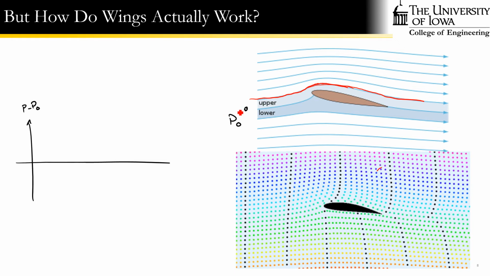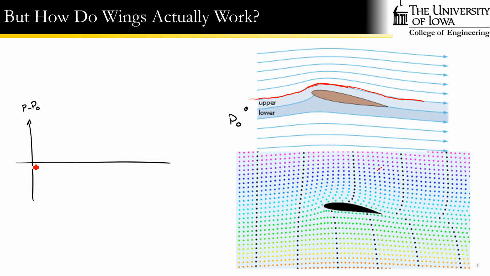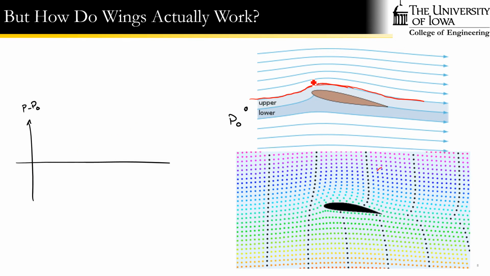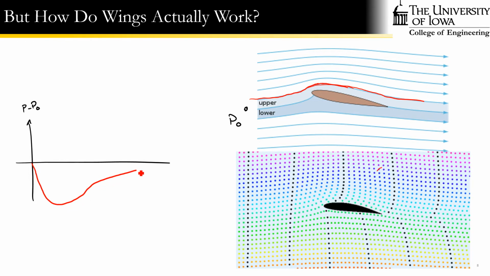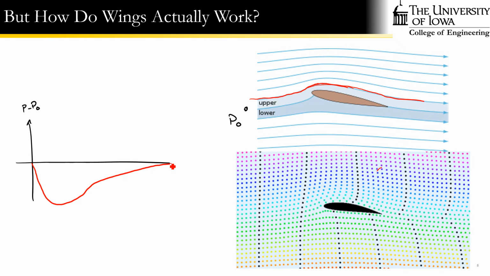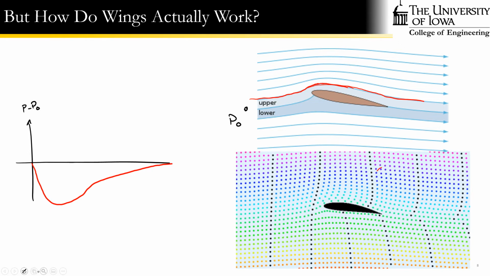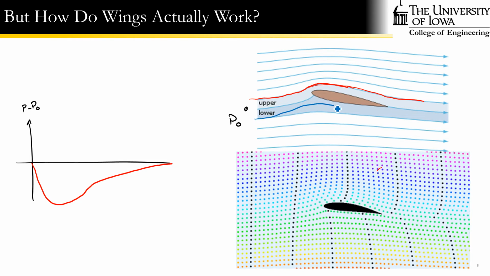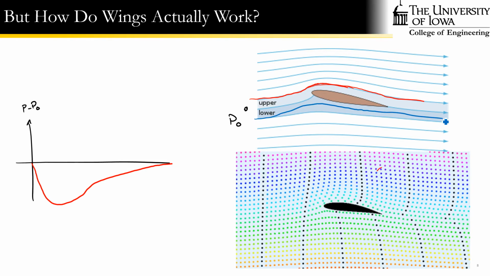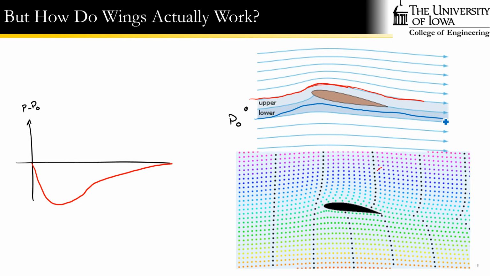So the pressure over the top is going to reduce. It's going to be smaller than P naught. In fact, it's going to look something like this. So this is the flow over the top, and the flow over the bottom is going to actually increase in pressure. It's going to slow down.